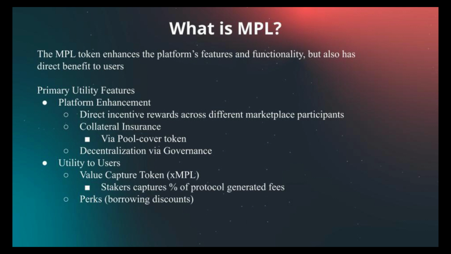So there are still improvements to be made in the model, but I think the idea is that tokenomics as a field is still very new, right? People are still iterating. So I think this is a good start. 100%. And I think the intention to align incentives on the Maple side is definitely positive.